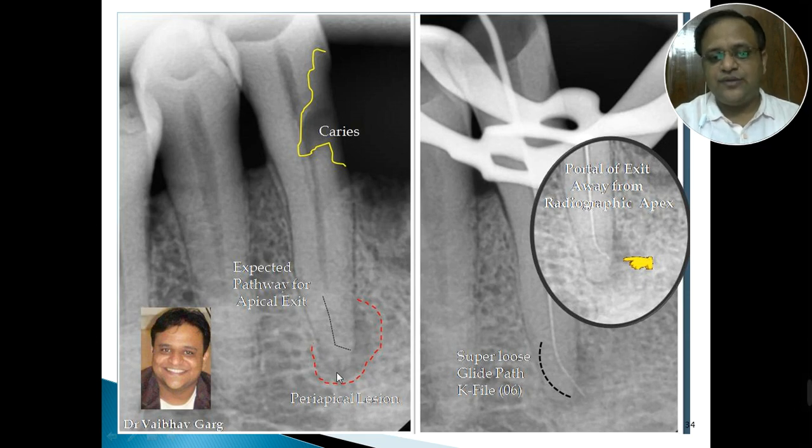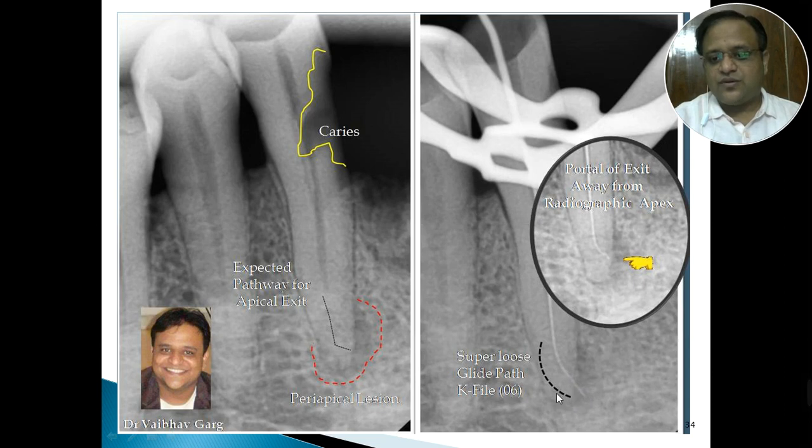When you start doing radiographs and your teachers or guides help you understand them better, you will understand that the location of the periapical lesion also gives you an idea where the canal will exit. So when we took the initial radiograph, the K file was beyond the apex.